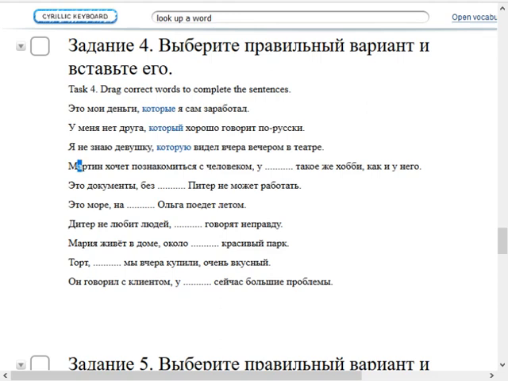Moving on. Martin wants to познакомиться. Martin wants to get to know. С человеком. Martin wants to get to know someone. Такое же хобби, как и у него.